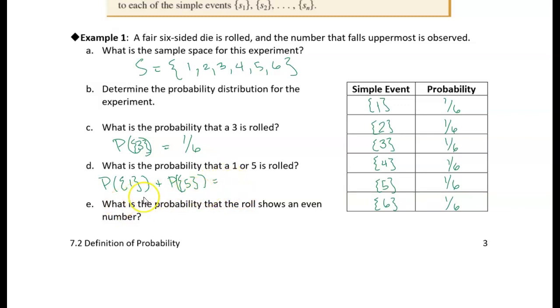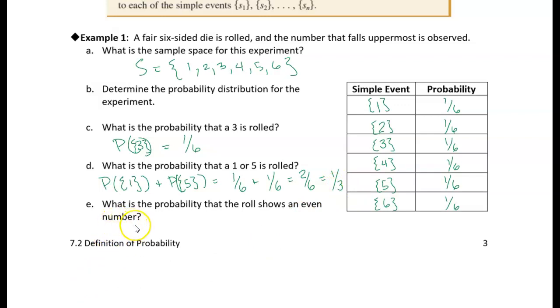So the probability of getting a 1 plus the probability of getting a 5. We have a 1/6 chance of rolling a 1, a 1/6 chance of rolling a 5, and so we end up with a 2/6 chance of rolling a 1 or a 5, right? So it's basically 2 outcomes out of 6, and that we can reduce to 1/3.